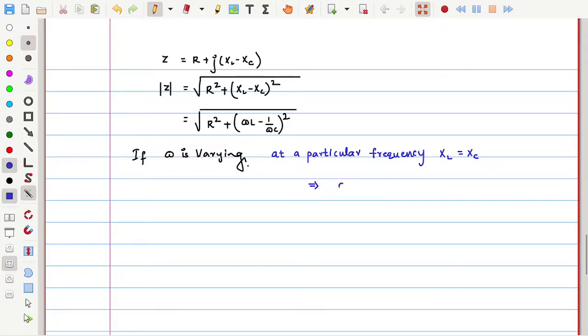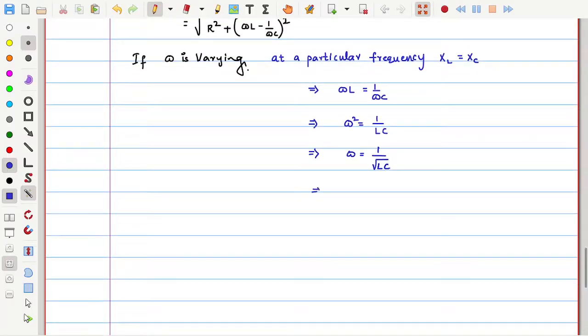That implies omega L is equal to 1 by omega C. So omega square is equal to 1 by LC, and omega is equal to 1 by square root of LC. If you want, you can write omega as 2 pi F, which is equal to 1 by square root of LC. And F is equal to 1 by 2 pi square root of LC.